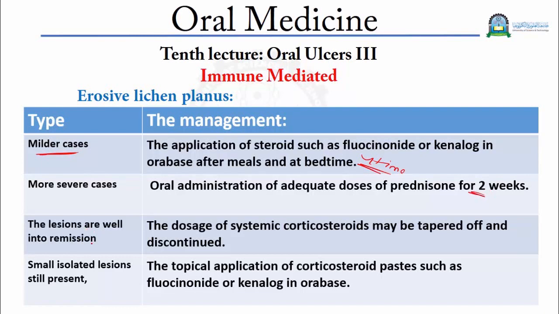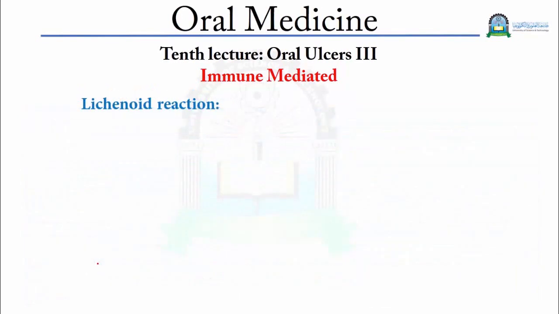When the lesions are well into remission, the dosage of systemic corticosteroid may be tapered off and not stopped at one time. If small isolated lesions are still persistent or present after the systemic treatment, the topical application can be helpful in these cases. Topical application of corticosteroid, of course, such as triamcinolone or Kenalog.